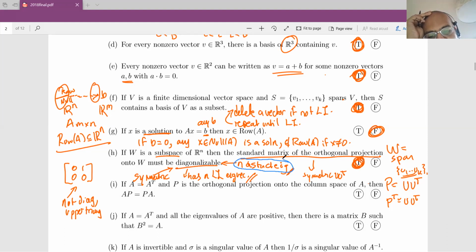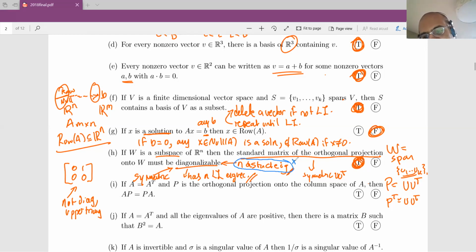What are the eigenvalues of an orthogonal projection? One and zero, yeah. So if n is bigger than 3, they're not going to be distinct. They're going to have either 2 ones or 2 zeros. So this can't possibly work to answer this question.